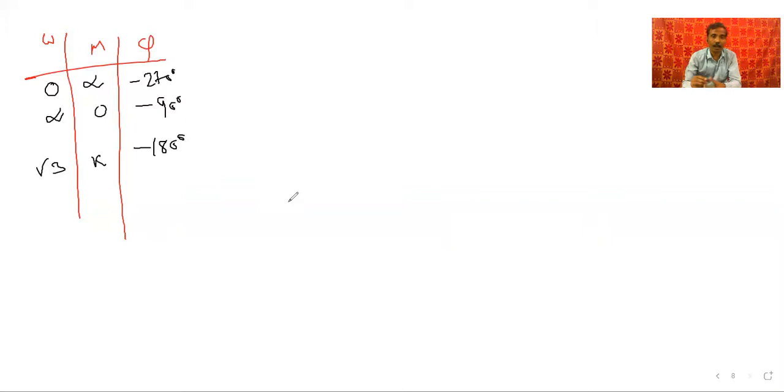When K is greater than 1, suppose K equals 2. What is the stability? This is case number 2.